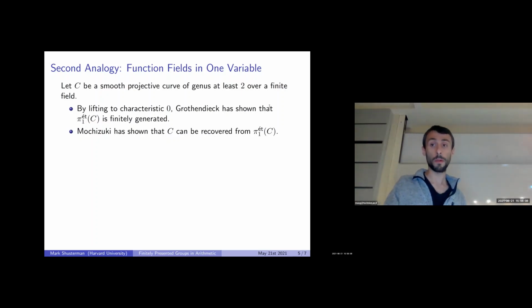So certainly studying this object is going to tell you a lot about the curve itself.